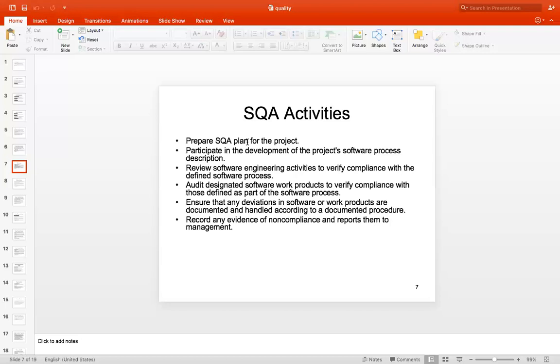Next one is to ensure that any deviations in the software or work products are documented and handled. How will you calculate the deviations in the software or work products?